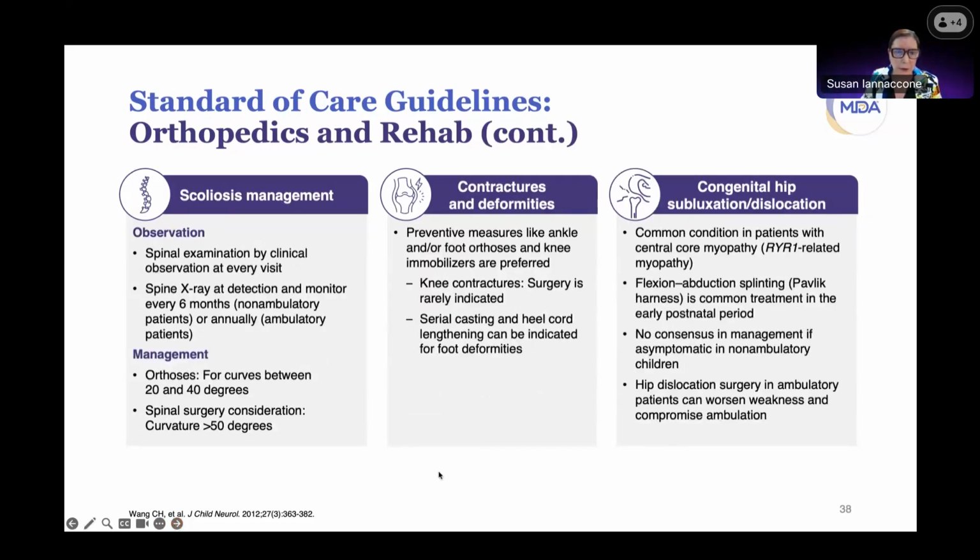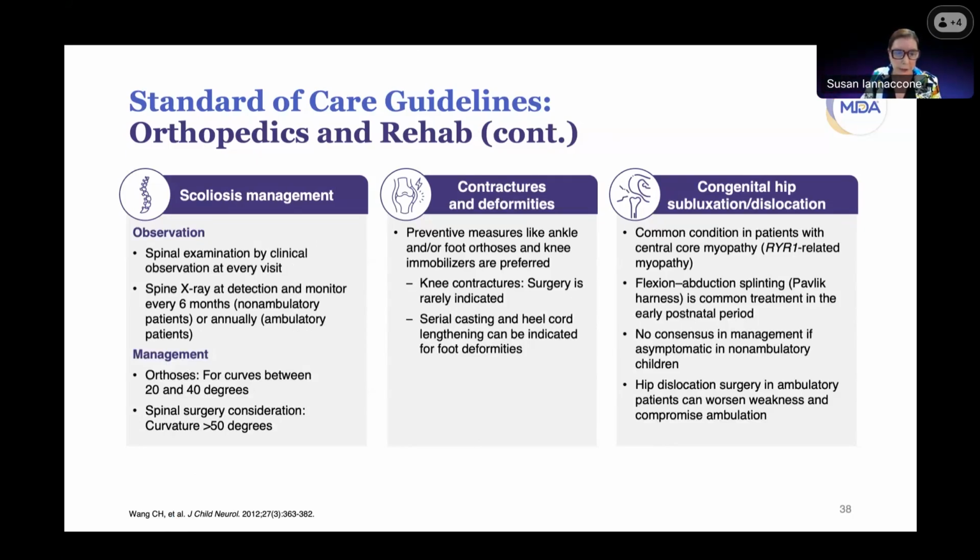Scoliosis management is done, first of all, by screening at their neuromuscular clinic visit. And generally, as soon as we see evidence of scoliosis, we refer to our pediatric orthopedic surgeons, who will make recommendations, again, based on the age of the patient and the expected disease course for their mutation.